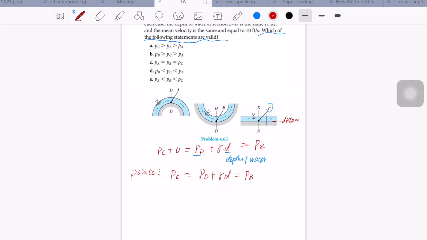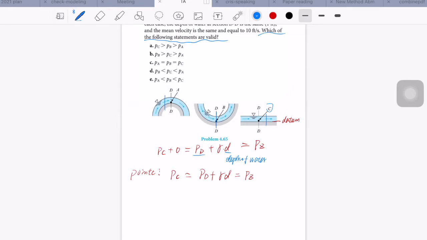We know when the streamlines are curved, the barometric pressure will increase along a line that is normal to the streamline. And the direction of the increase in pressure will be outward from the center of curvature of the streamlines.